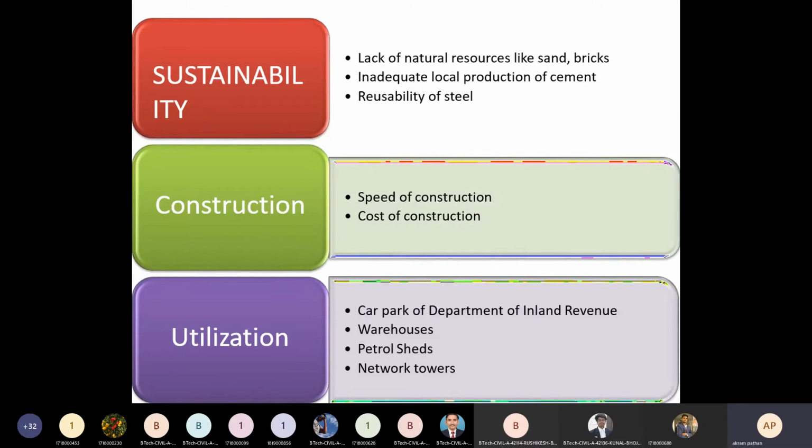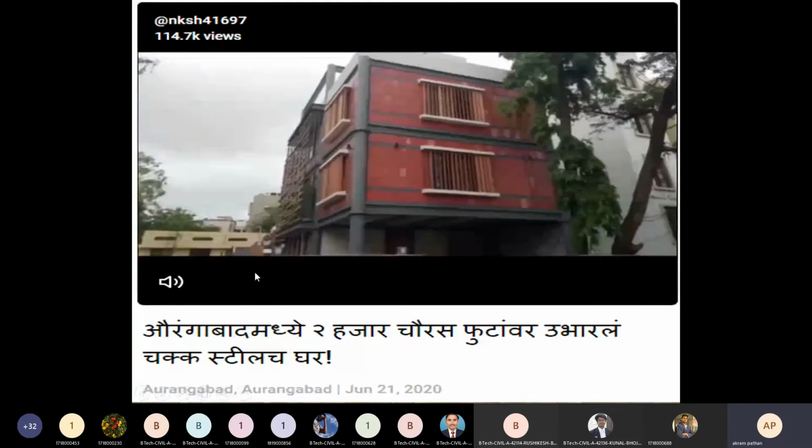Now in case of Aurangabad city, I would like to share with you one of the important houses constructed in Aurangabad city. Within 2000 square feet, a steel structure or steel house is constructed in Aurangabad city.